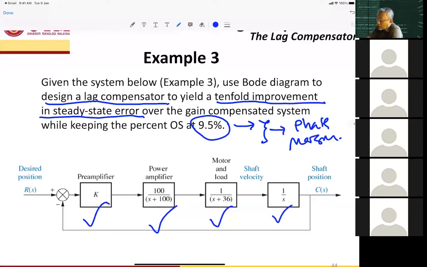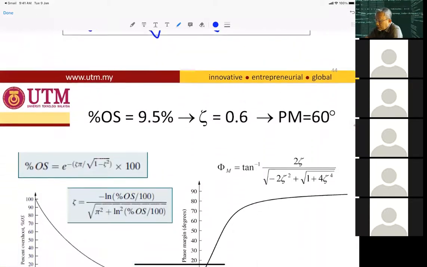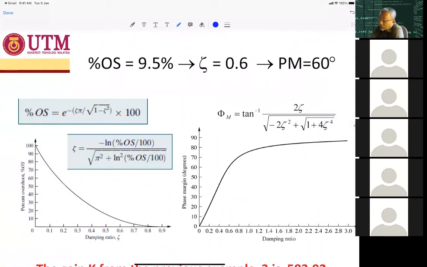10-fold improvement means that if the error is 1, the new ESS will be 1 over 10, which is 0.1, reduced 10 times from the old steady state error. So overshoot 9.5% will give you 0.6 zeta, and 0.6 zeta will give you roughly 60 degrees phase margin.